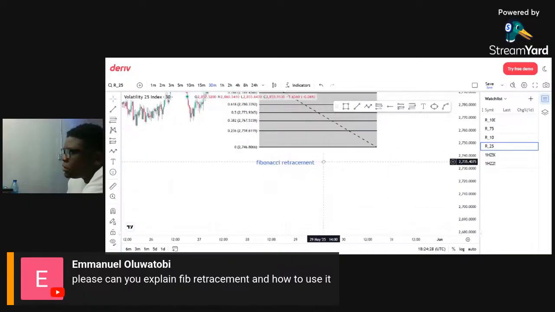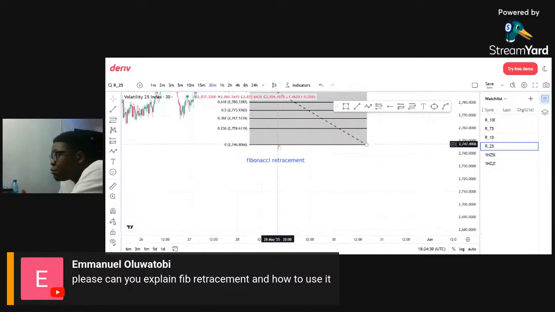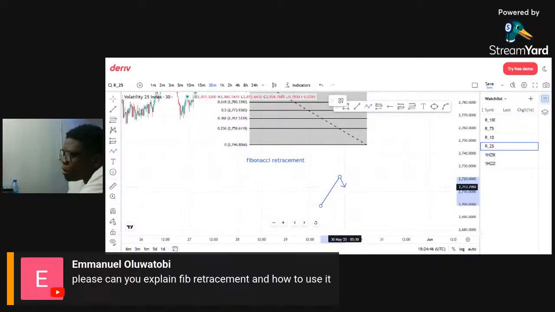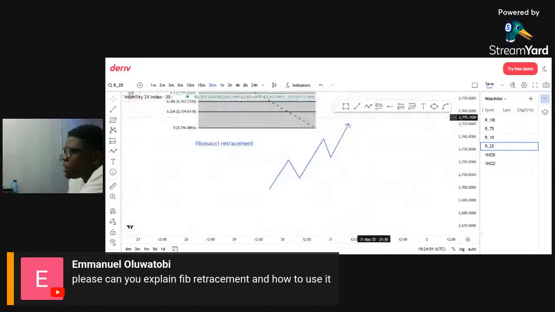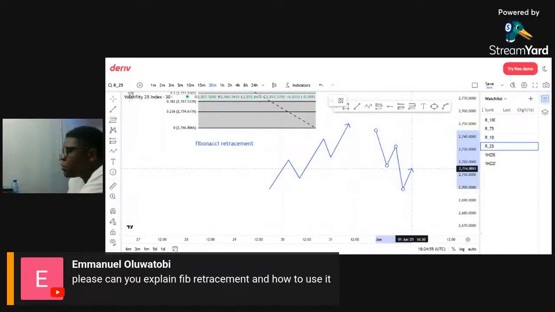What it does is it is used to know the place where price will retrace to before it continues moving. So the Fibonacci retracement tool can only be used in a trending market, only when price is moving up and only when price is going down. So the Fibonacci tool is for a trending market.